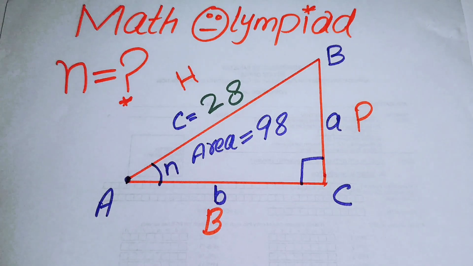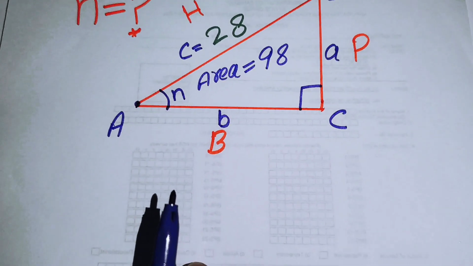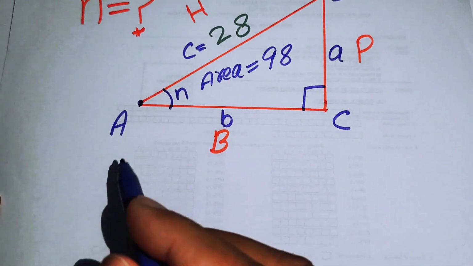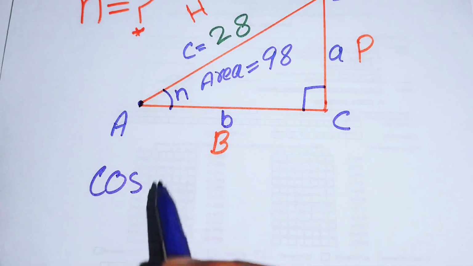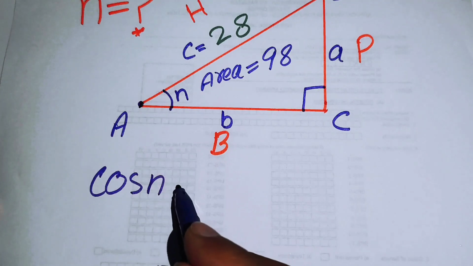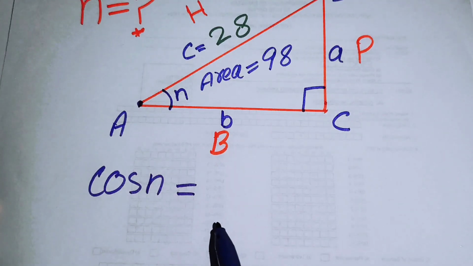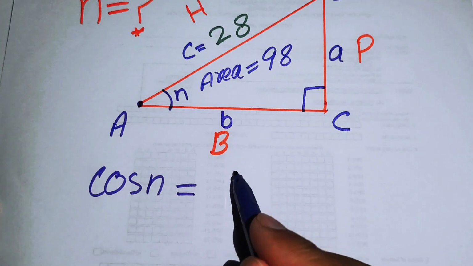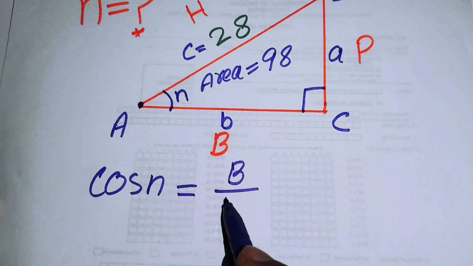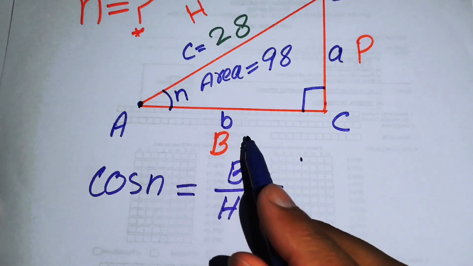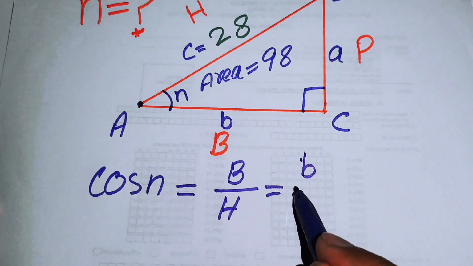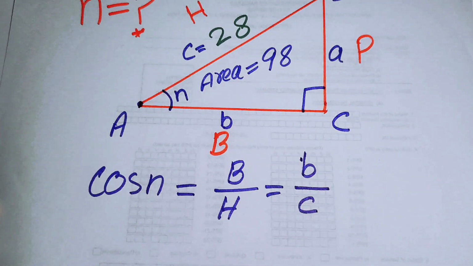Because this is a right triangle, we can easily write the cosine of the angle. Here the angle is n, so cosine of the angle n equals base over hypotenuse. Here our base is small b and our hypotenuse is small c.